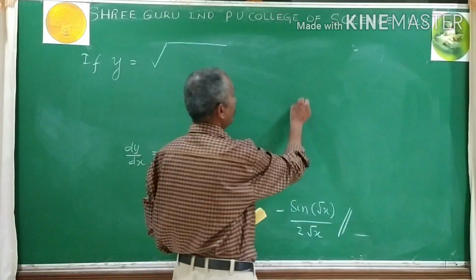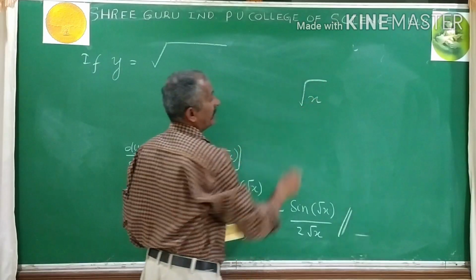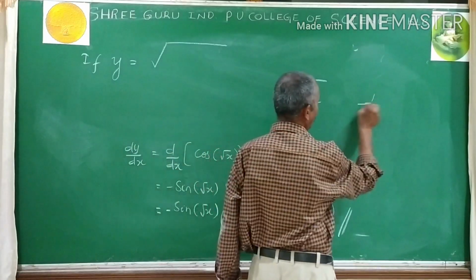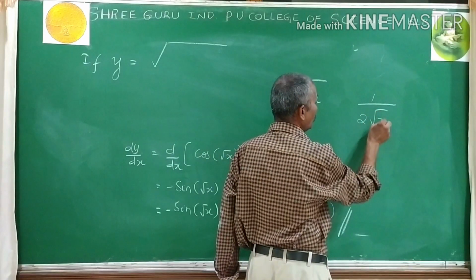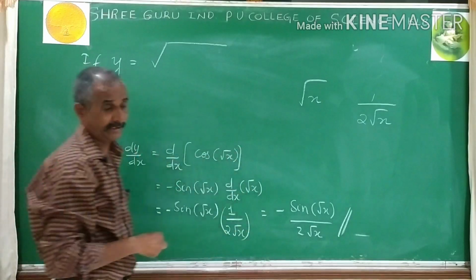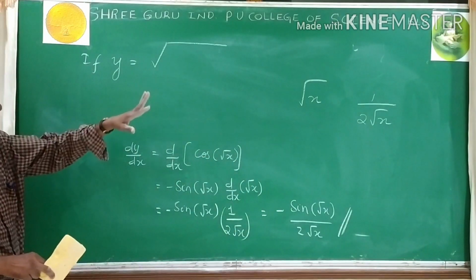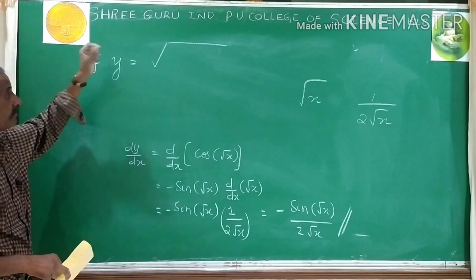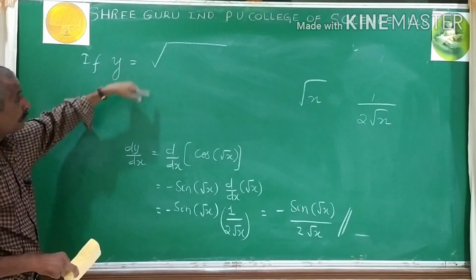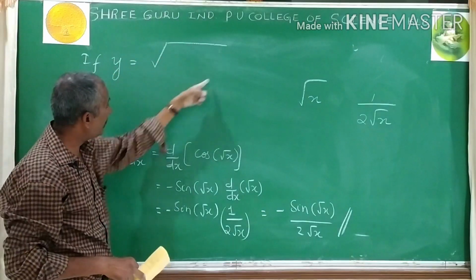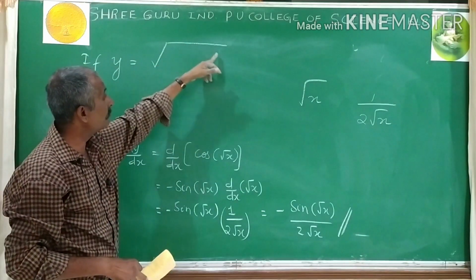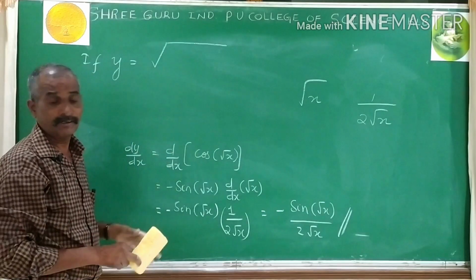It is just like the square root of x type, and the formula for differentiation of square root of x is 1 divided by 2 into square root of x. Our answer is the same type. Means when you go for finding differentiation, the answer will be 1 by 2 into square root of the entire quantity, whatever it comes, followed by that under root function's differentiation has to be written.